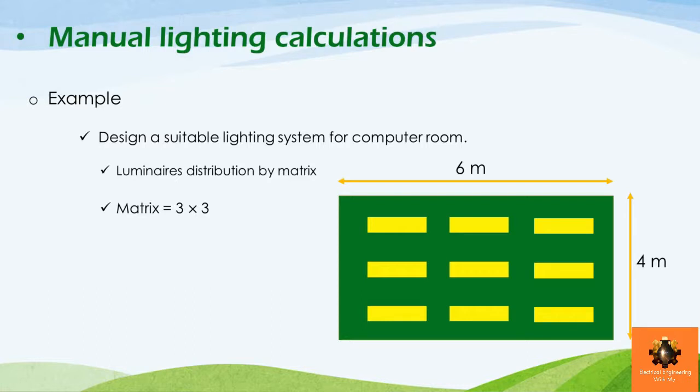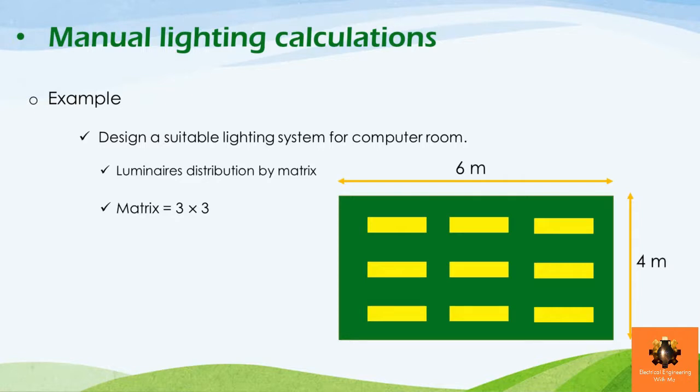But we need to know now the rule according to which we select the number of luminaires across the length of the room and the number of luminaires across the width of the room. Here in this example we made it 3 times 3. This is because there are 9 luminaires, so there is no other distribution strategy, as the number 9 is only the multiplication of 3 times 3.